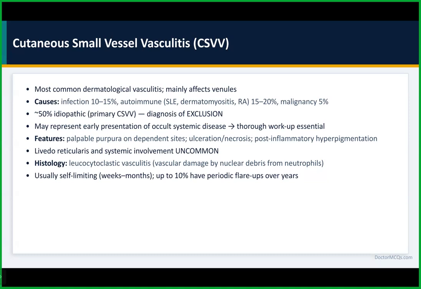You are going to exclude all other diseases, like some malignancy, some autoimmune disease, SLE, etc. If everything is perfectly fine, and there is no livedo reticularis and no systemic involvement in the patient, then definitely it's cutaneous small vessel vasculitis, which is a very reassuring condition. It will self-limit from weeks to months, but yes, it can also flare up over years.